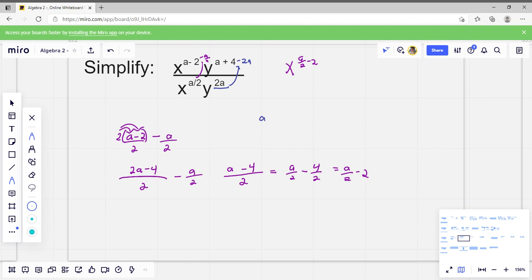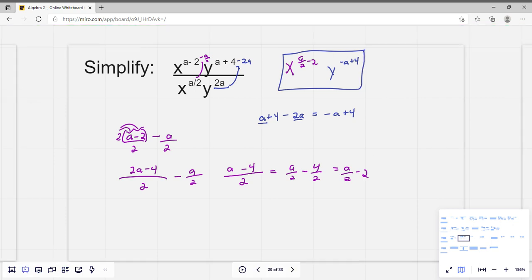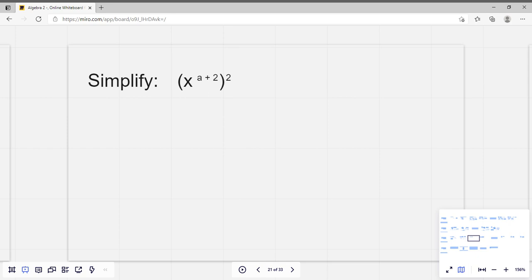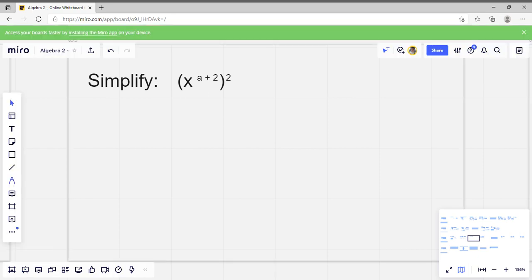So a plus 4 minus 2a, a minus 2a would be negative a plus 4. So our y part would be negative a plus 4. And there's the answer right there. So you treat it just like it didn't have a base. You just work with the exponent.